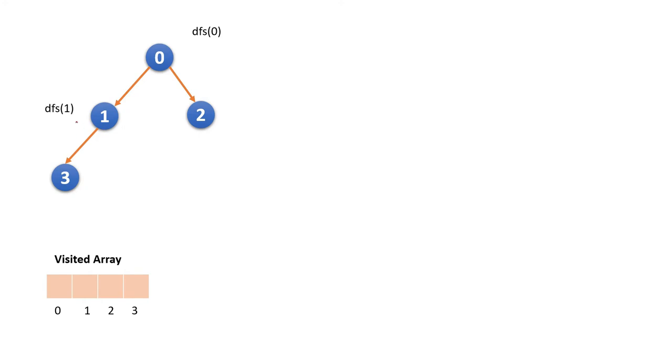There also we do the same thing for DFS 1, and here also the same thing for DFS 3. DFS of 3 means the starting node is 3, and when we come back, we do DFS of 2. So isn't it a recursive function, where we can make use of the same function, and if we change the starting point, we can use it again and again.